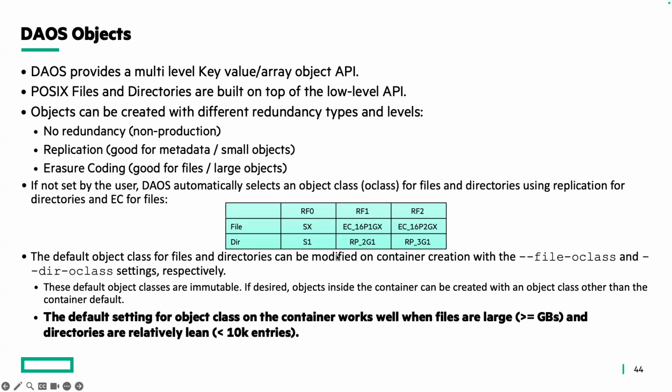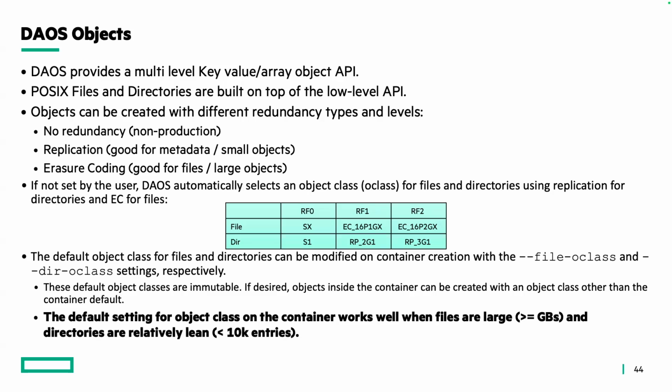The default settings are immutable. Once you create a container, you cannot change the default settings. But the objects inside the container can be created with a different object class than the default. There are different ways to do that, and we'll discuss that in a second. As I said, the default settings work well if your files are large, megabytes or gigabytes is fine, and your directories are relatively lean, say 10,000 entries.